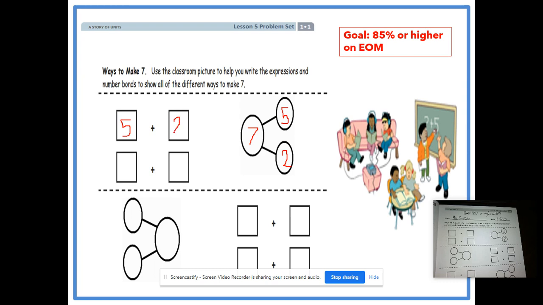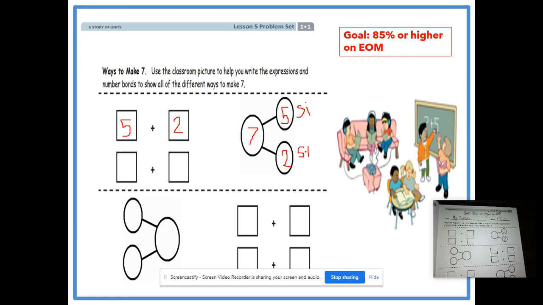Yes, 2. Remember, we forgot, and this is important, we label our number bond. 5 is the number of students sitting, so we're going to put an SI for sitting, because 2 is also going to be an S, because these are the number of students standing.